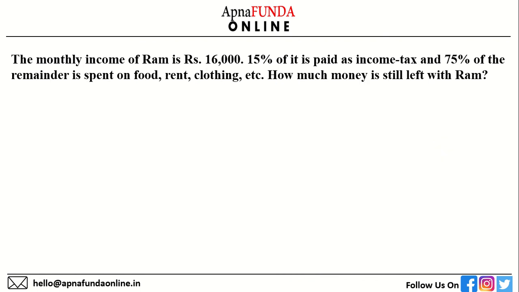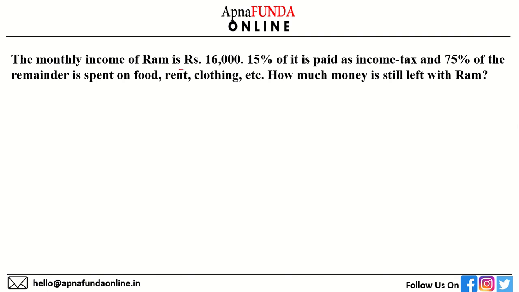Next question. The monthly income of Ram is 16,000. 15% of it is paid as income tax, and 75% of the remainder is spent on food, rent, clothing, etc. How much money is still left with Ram? It's a simple question.